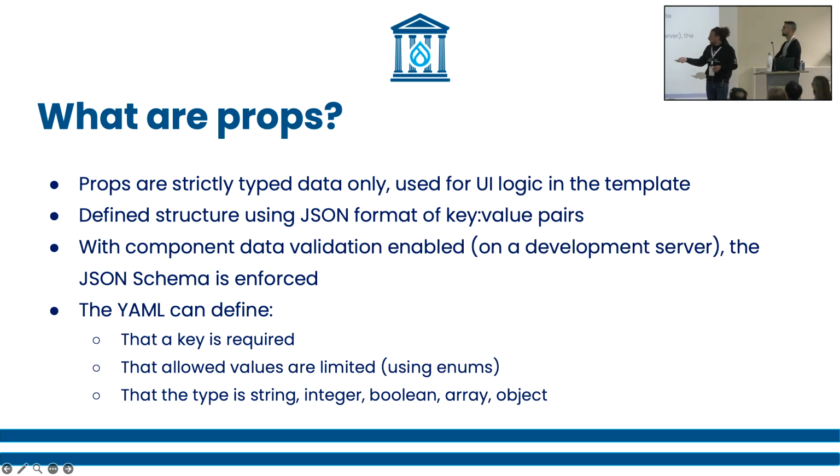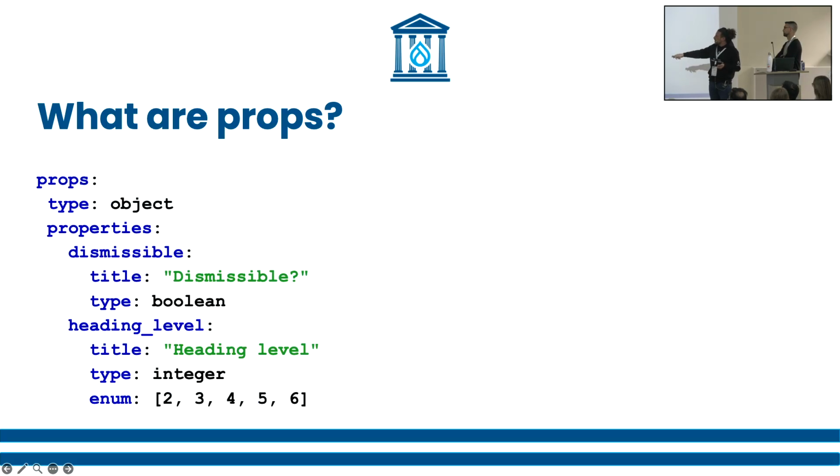And we can have the key, the allowed values if you want to limit the values, and the type that the prop is, like that. So we have the props, the properties, so we have dismissible with the title, and then the type, which most likely is going to be a checkbox, and then the heading level where we can pass the HTML tag that we can use, so we can use just 2, 3, 4, and 5, and it's going to be an integer.